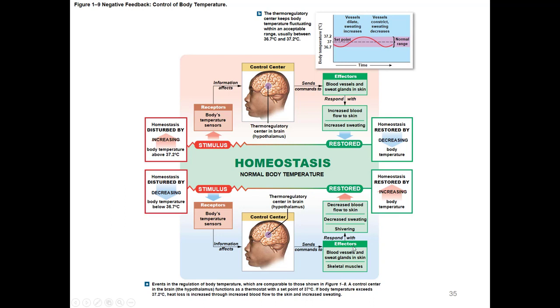And in this instance, blood vessels will decrease blood flow to the skin so that we don't lose body heat. We'll decrease our sweating, and our muscles will begin to shiver, which helps us to burn energy and make extra heat, so that'll help to warm us up and our temperature will be restored. So again, a negative feedback loop to keep us as close to that 98.6 as possible.